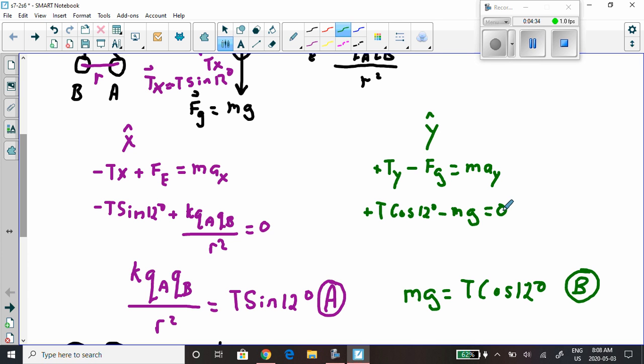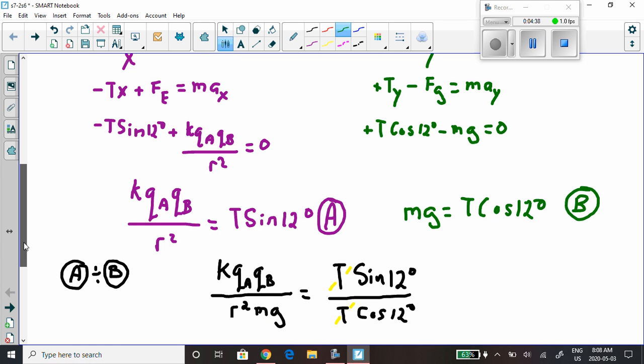Acceleration in the y direction, 0. Then I do some rearranging. I bring this over to here, and it becomes positive. So I come up with this equation here in purple. Similarly here, the green equation, brought this over, becomes positive. So everything is positive on each side of the green equation and the purple equation.